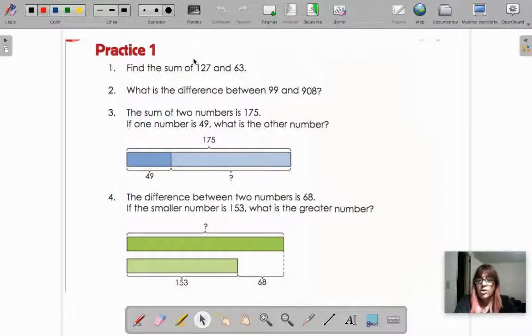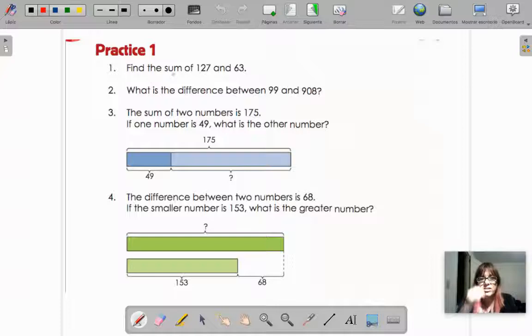Or what I recommend, if I was you, I would pause the video on each number, go to your Google Slides, do it, then come back, look at number 2, pause, go and do it, come back to the video, look at number 3. That way is like if we are doing it together, okay? Because here especially I want to explain how to do it with the bars. So let's begin with number 1.